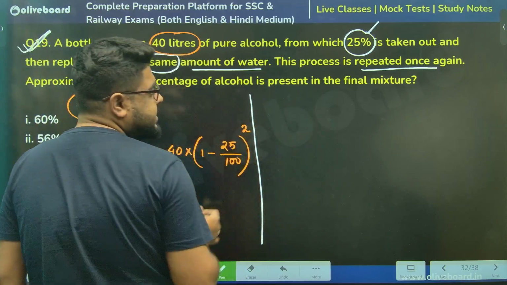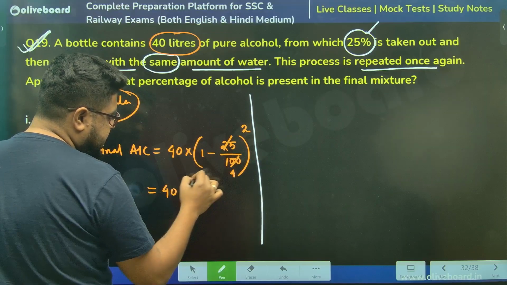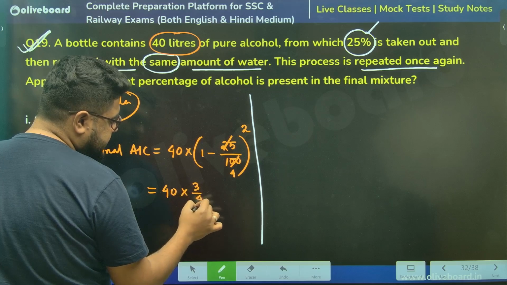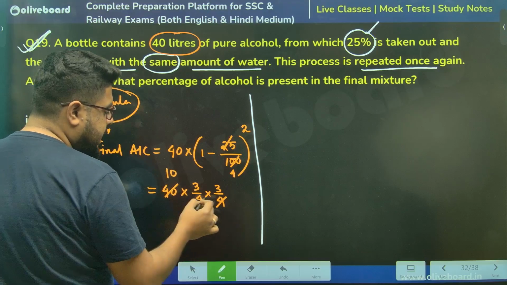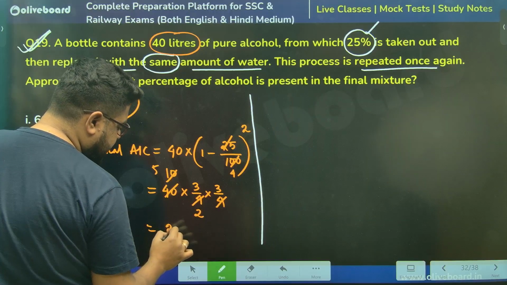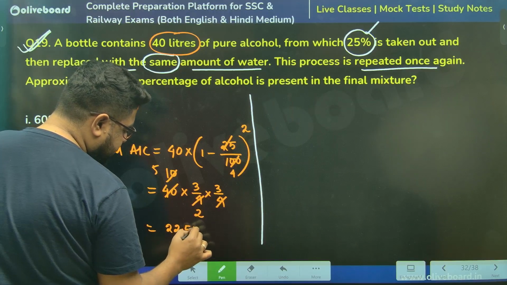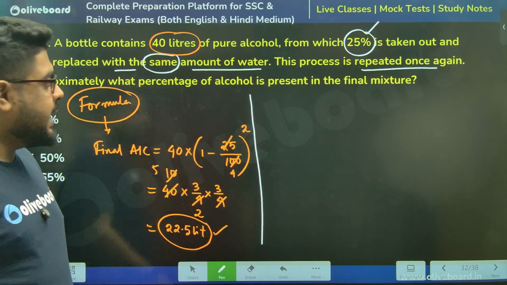For twice. So just calculate. This is 1/4, so that means this is 3/4. Twice meaning 3/4 into 3/4. 40 into 9/16 gives 45/2, meaning 22.5 liters. This is the amount of final alcohol left in the solution.